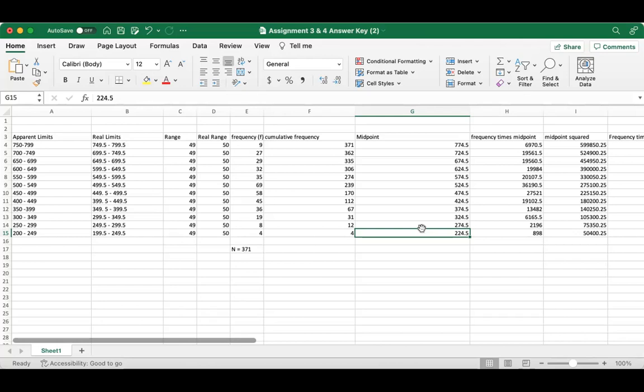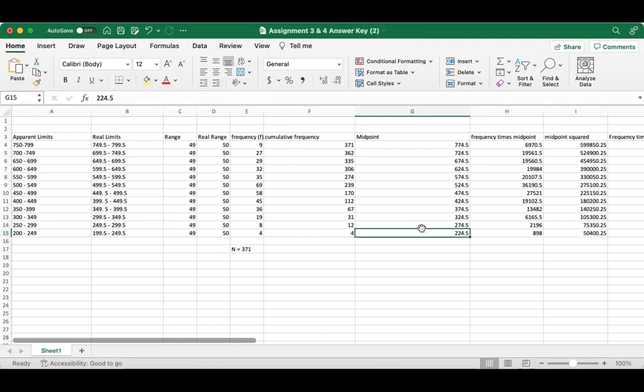Or you want to see the actual math? Probably the actual. Okay. So equals frequency, so that's column E, so that's E11 times midpoint, so that's G11. I haven't hit enter yet. So I have frequency times midpoint.